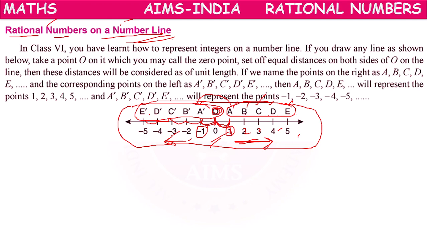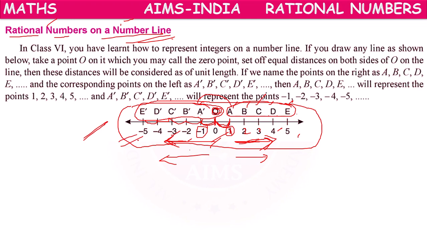like that. So positive integers on the right hand side, negative integers on the left hand side, or greater values on the right hand side, lesser values on the left hand side. So like that we can draw one integer number line and we can represent 0, positive integers and negative integers on the number line.